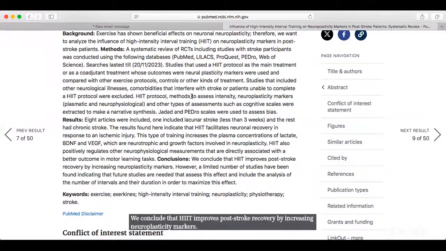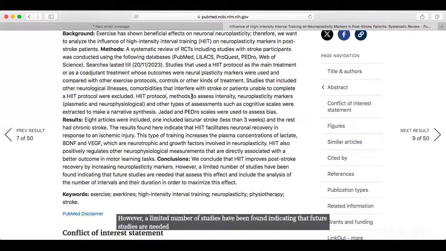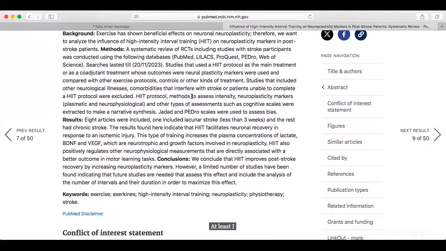However, a limited number of studies have been found, indicating that future studies are needed that assess this effect and include the analysis of the number of intervals and their duration in order to maximize the effect. Before those studies are done, at least I know I have something that I can use for my patient.